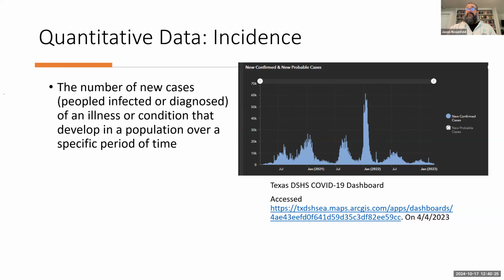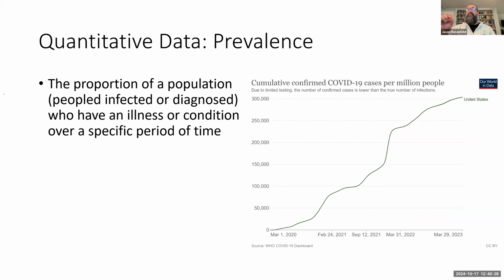Now let's talk about prevalence. Prevalence is the proportion of a population who have an illness or condition over a specific period of time. So if you think about incidence as new cases, prevalence is all of the total cases over a period of time. This is often visualized with a line graph like this one here. You've got cumulative confirmed COVID-19 cases per million.